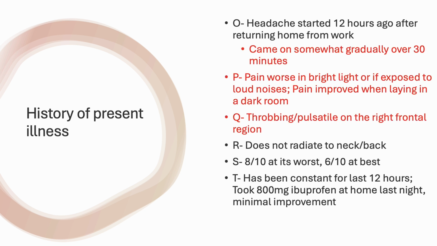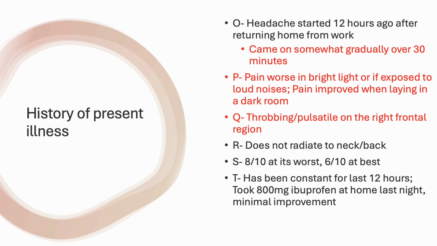So when we look at the things that the patient's told us, there are a few things that pop out to me that might indicate one diagnosis may be more likely than some other ones. Some of the key things here is that it came on somewhat gradually, right? So we feel maybe a little bit better that this isn't a thunderclap type headache. The pain is worse in bright lights and when he's exposed to noises.